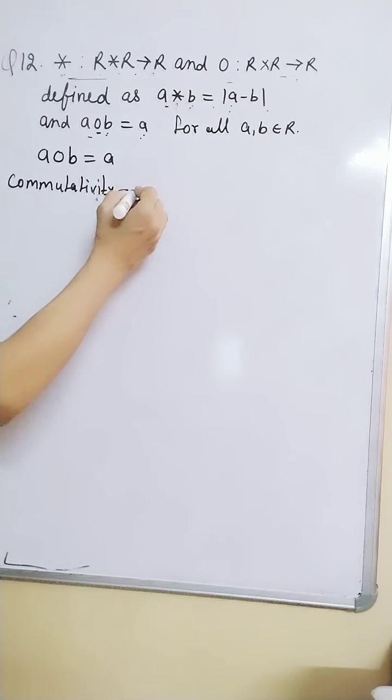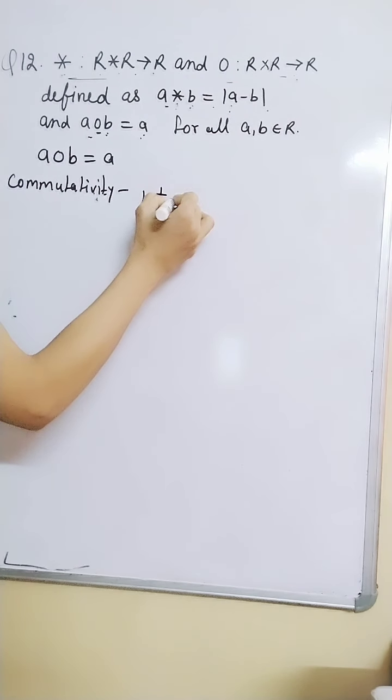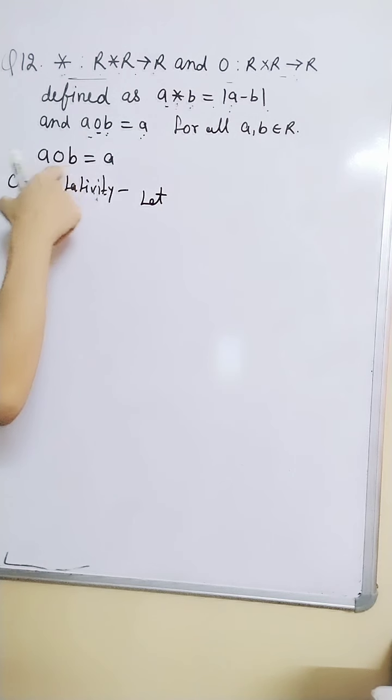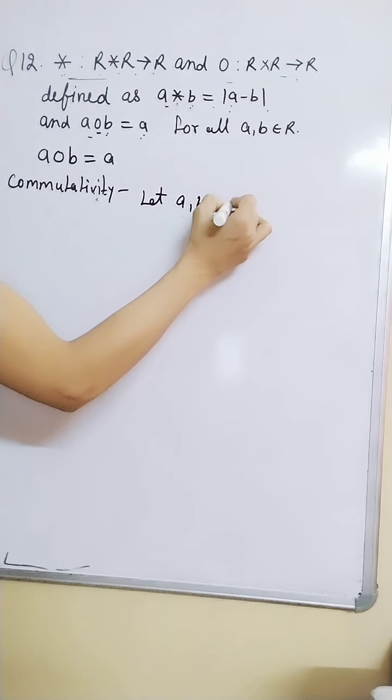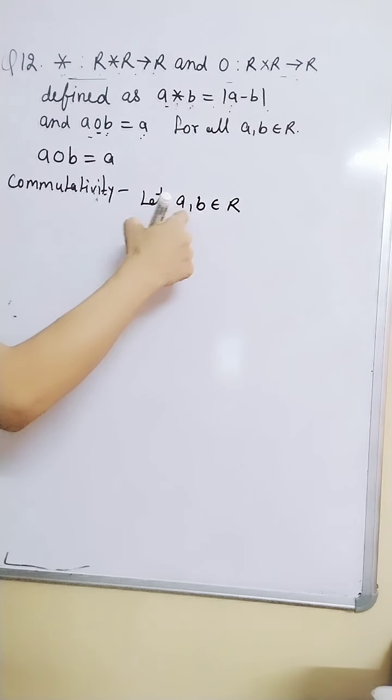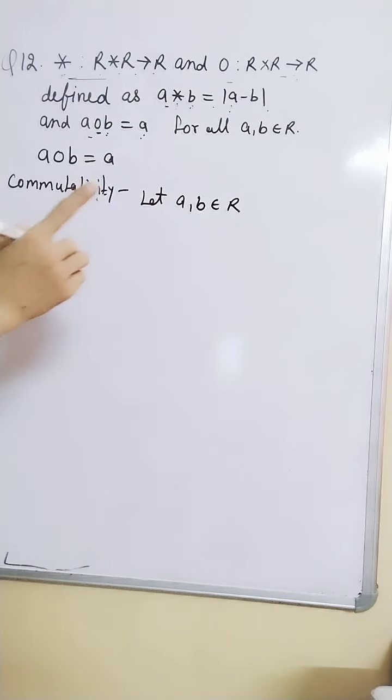Now we will prove that this operation is not commutative but it is associative, right? So what is the meaning of this operation? That when you apply this operation between two elements the result is the first element, right? So let A and B belong to R, and these A and B are different elements, right?